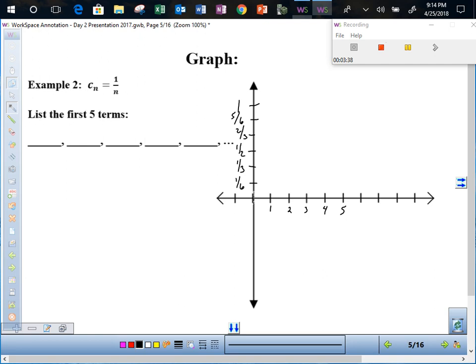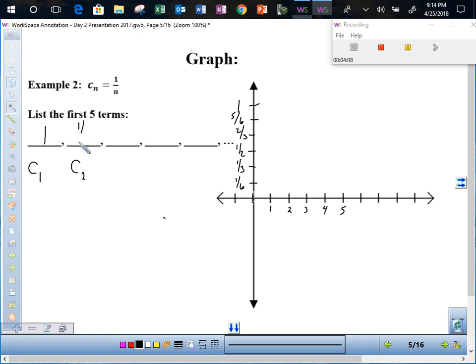I'm going to give you the sequence that says C of n is 1 over n. So let's plug in 1, then 2, then 3, then 4, then 5 to get our values. So the value of the first term, so to get C of 1, I'm going to plug in 1. 1 over 1 is 1. Now let's go get the second term, so C of 2.